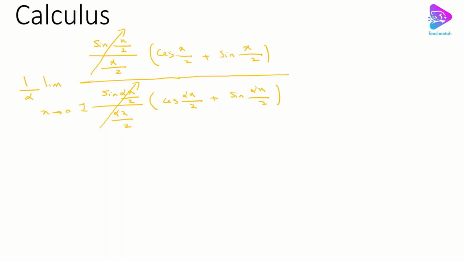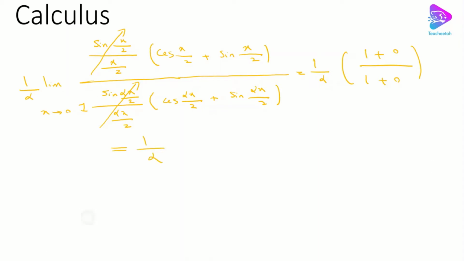If you plug in 0 instead of x in the two functions on the top, it's going to generate 1 plus 0, and on the bottom again if we plug in 0 it's going to be 1 plus 0. The answer at the end is going to be 1 over alpha.